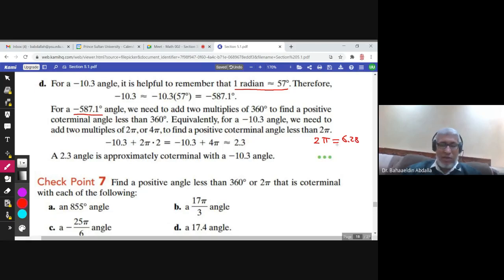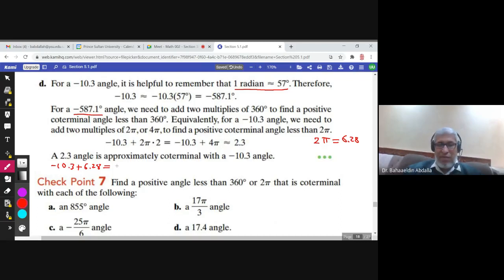So 2 pi equals approximately 6.28. I can start with negative 10.3 and add 6.28, and you should get a coterminal angle.